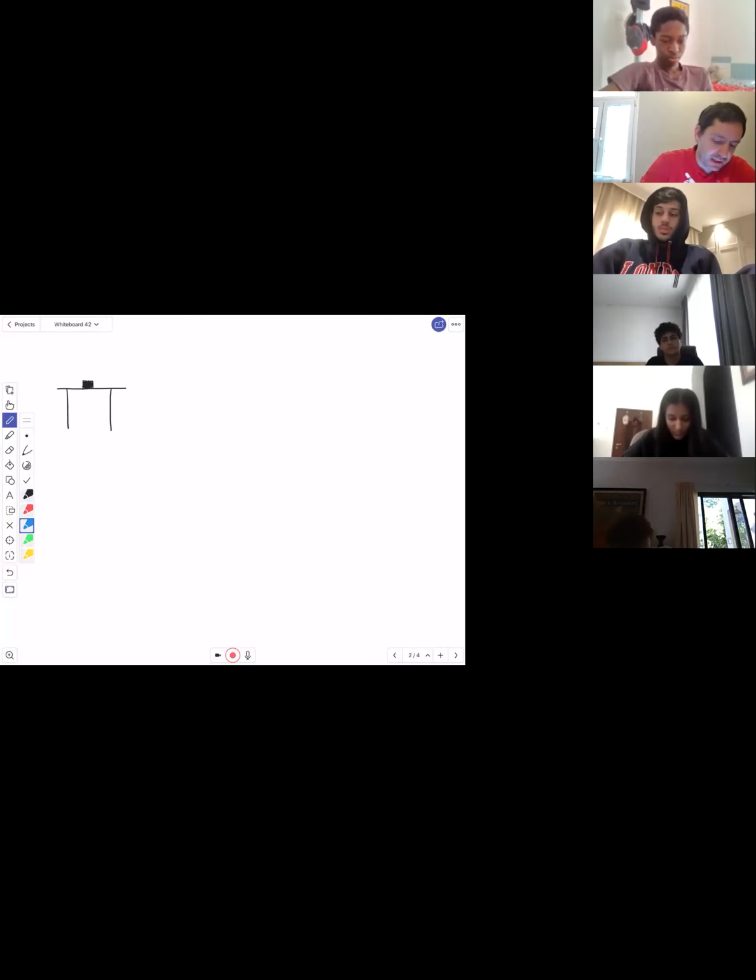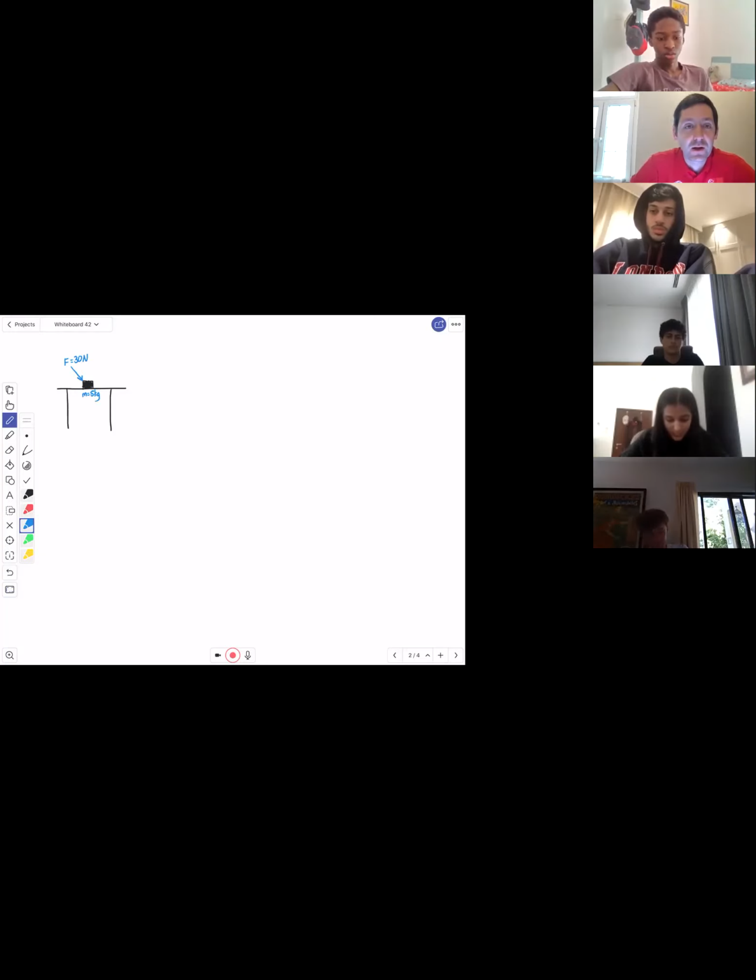To make it a little bit interesting, I'm going to exert a force at an angle, kind of like this. Let's say the block has a mass of 5 kilograms, and the force that I'm exerting is a force of 30 newtons.